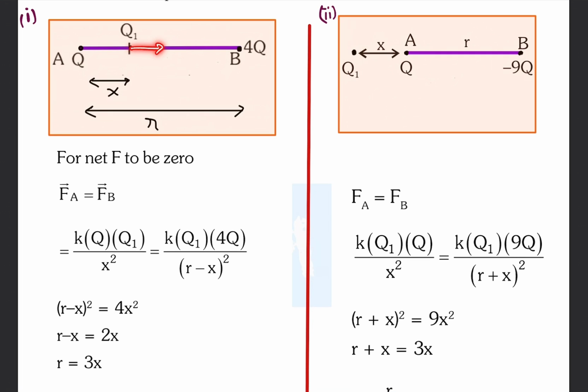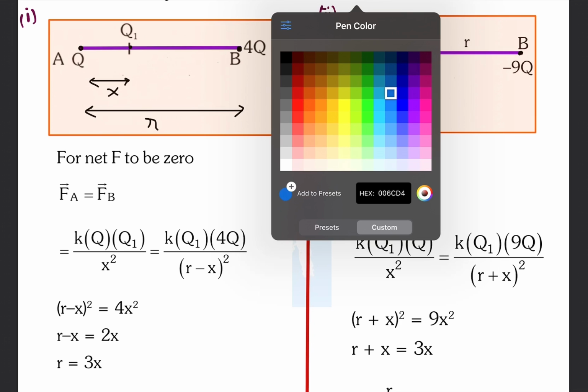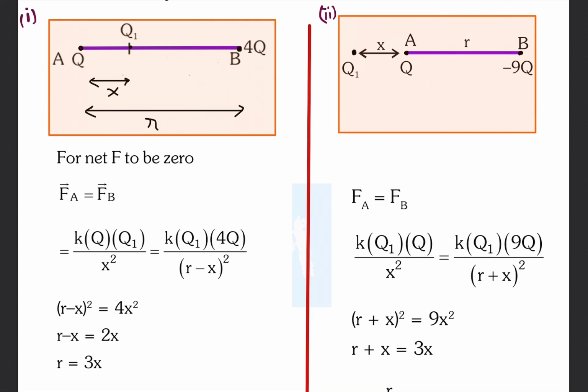So that means here we can say that on charge q1, this charge A is forcing it this side, suppose f1 force or fa force, and the charge B is forcing it on the left side. Let's say it is fb.